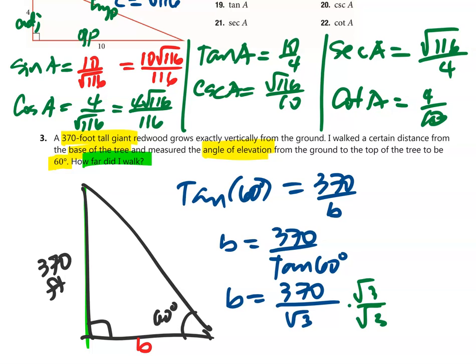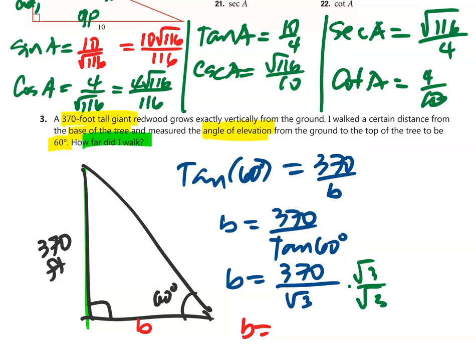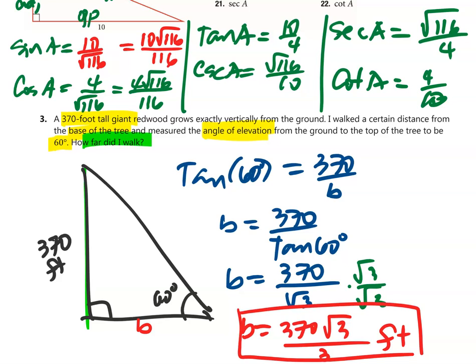So B is equal to 370 square root of 3 over square root of 3 times square root of 3, which is 3, feet. And that is the answer.